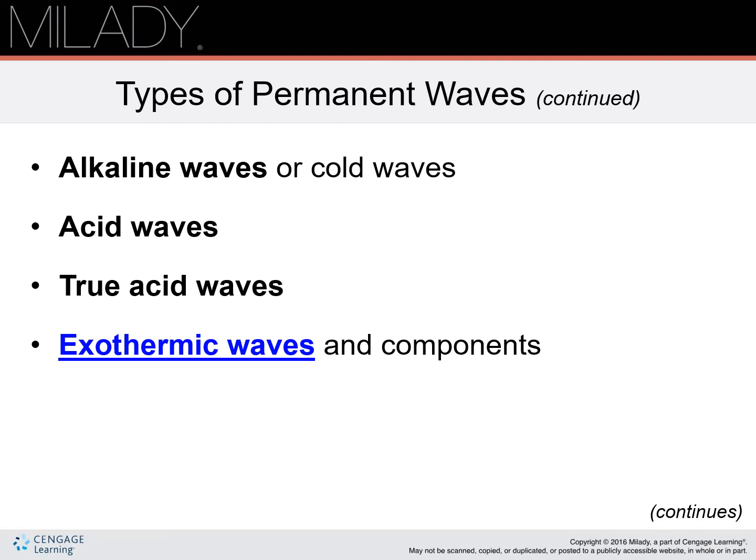They have 3 separate components: waving solution, activator, and neutralizer. The activator tube contains glycerol monothioglycolate, and acid waves process more slowly and do not produce a firm curl as alkaline waves do. So yes, your alkaline waves are going to give you that crispier, tighter curl, depending on your rod, a stronger curl versus your acid waves. It's a stronger product.